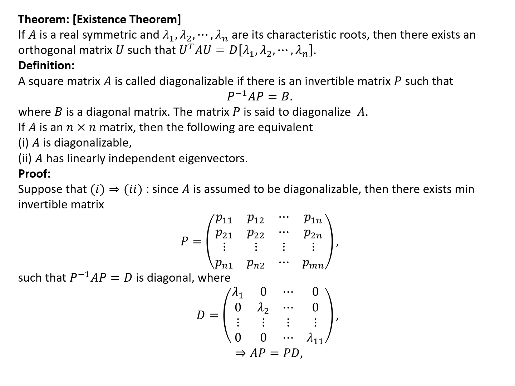Since A is assumed to be diagonalizable, there exists an invertible matrix P, given as the n by n matrix with entries P11, P12 to P1n, such that the inverse of P multiplied by AP is equal to the diagonal matrix with lambda 1, lambda 2 and so on on the diagonal. So you have AP equals PD.